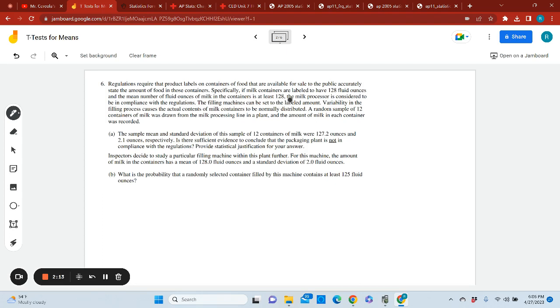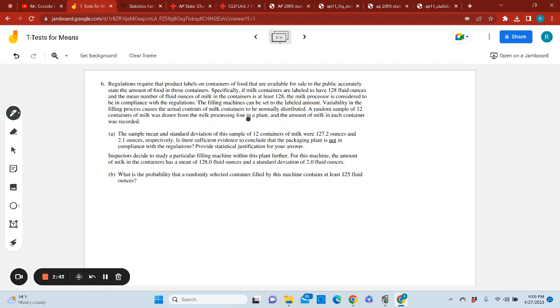Specifically, if milk containers are labeled to have 128 fluid ounces, and the mean number of fluid ounces of milk in the containers is at least 128, the milk processor is considered to be in compliance with the regulations. The filling machines can be set to the labeled amount. Variability in the filling process causes the actual contents of milk containers to be normally distributed.